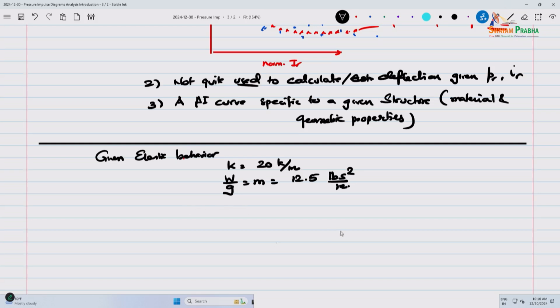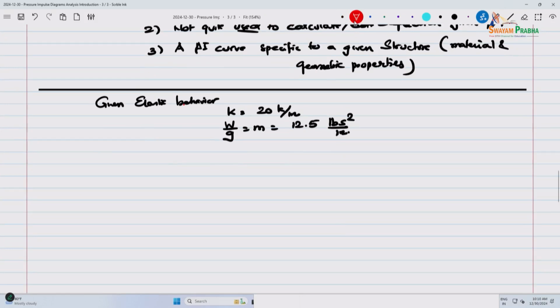So if you normalize them, normalize the axis, the x-axis is I divided by x max square root of km.